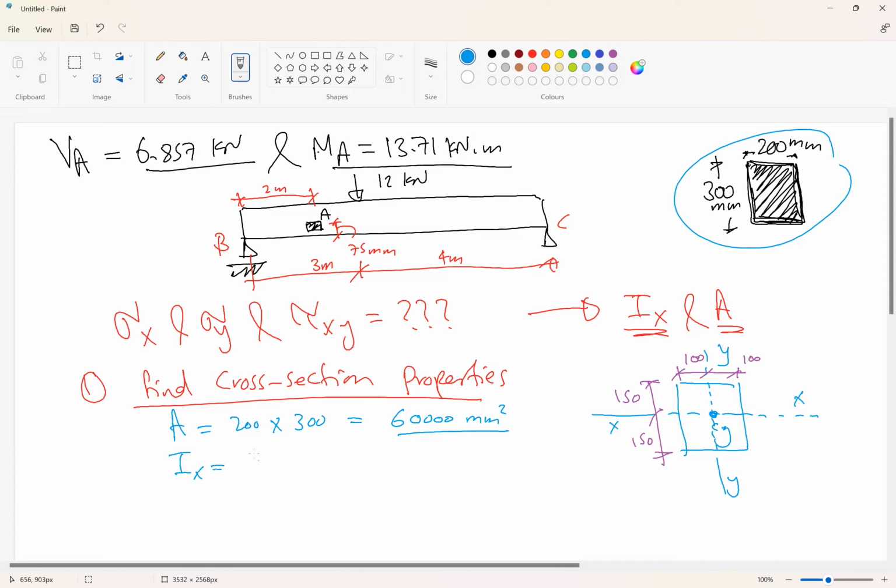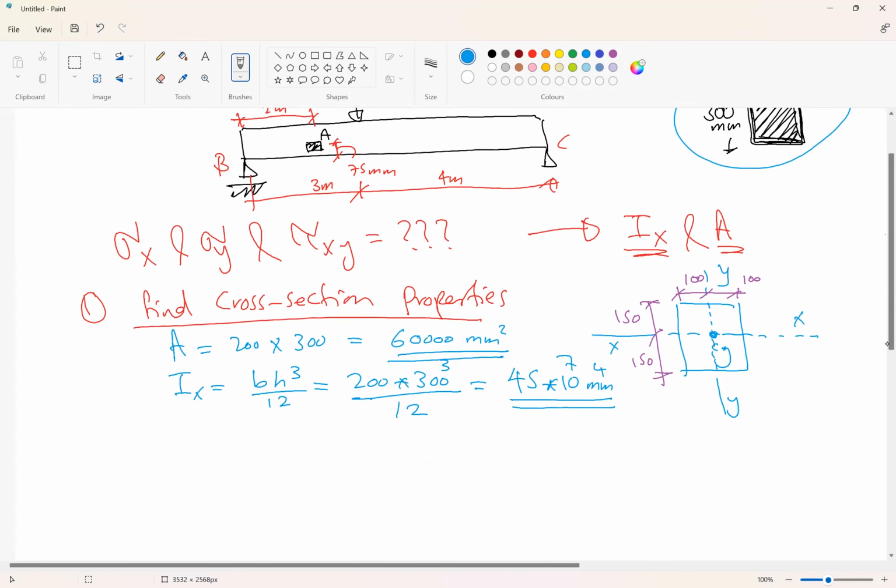Ix will be B H cubed over 12, which is 200 times 300 to the power 3 over 12, which is 45 times 10 to the power 7 millimeter to the power 4. So this is A and this is I.